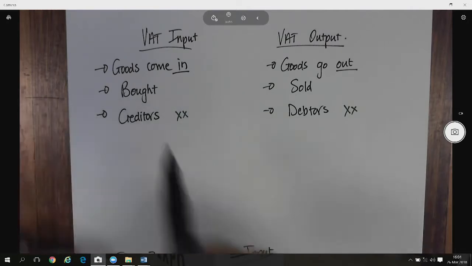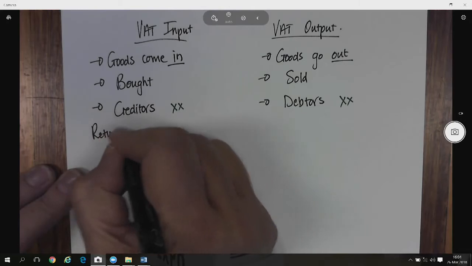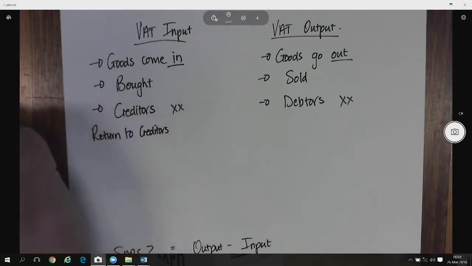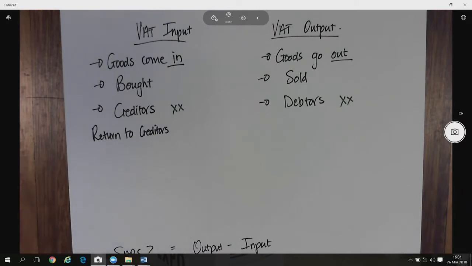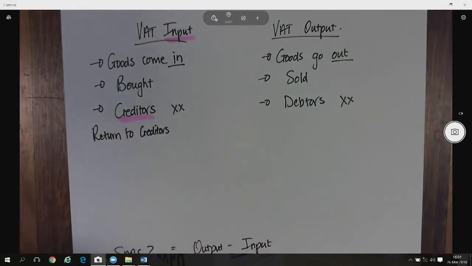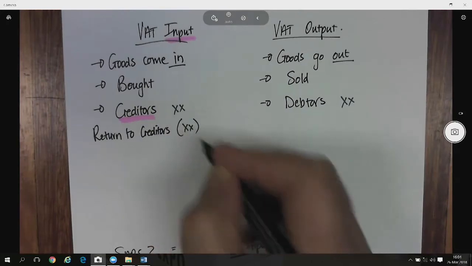Then we can go on like that, and we will say when we return things to the creditors, I'm still busy with input because I relate input to creditors. So now I will say that is input minus.